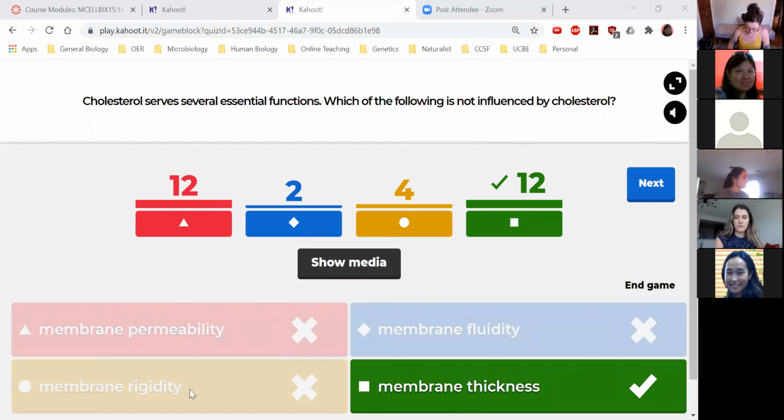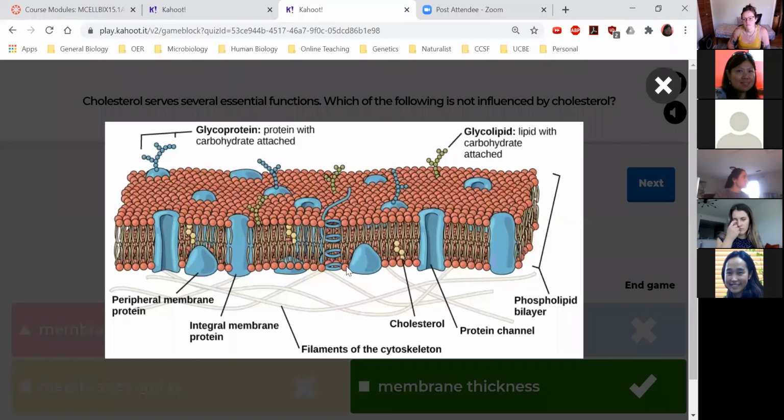By inserting itself into the membrane, it's also affecting the permeability of the membrane. So the correct answer we're looking for is actually the membrane thickness, because if you remember one of the first slides, we said the membrane is about 5 to 10 nanometers, and that's totally decided by the two layers of the phospholipid.